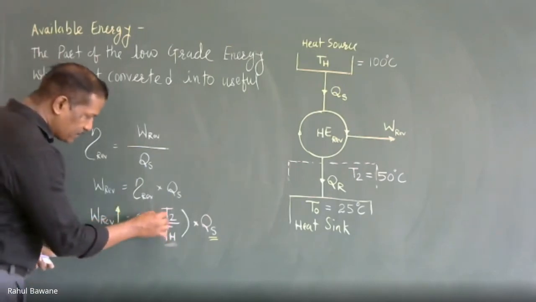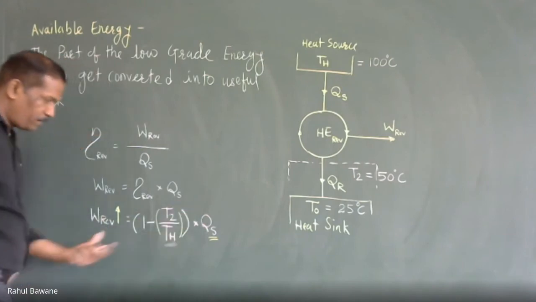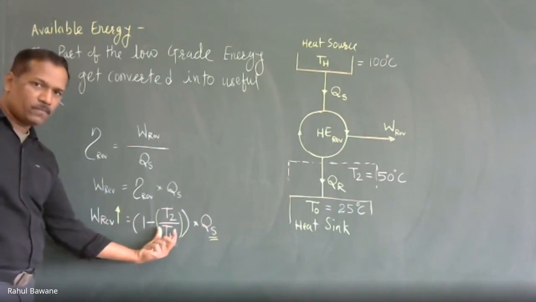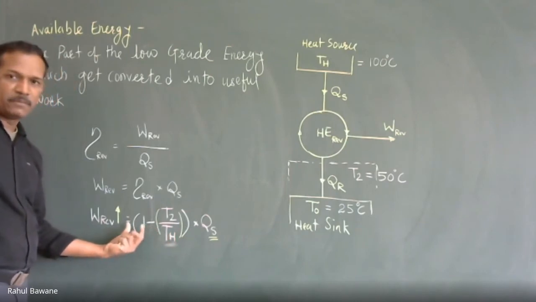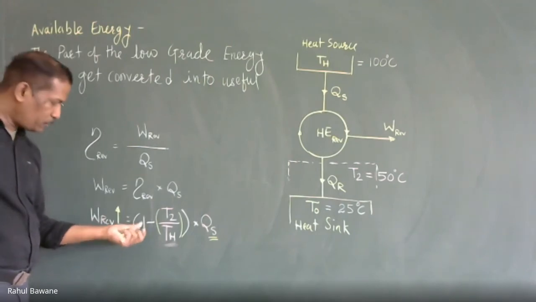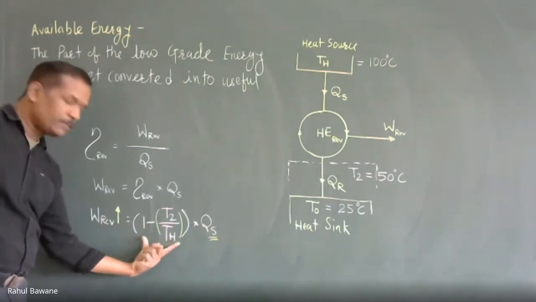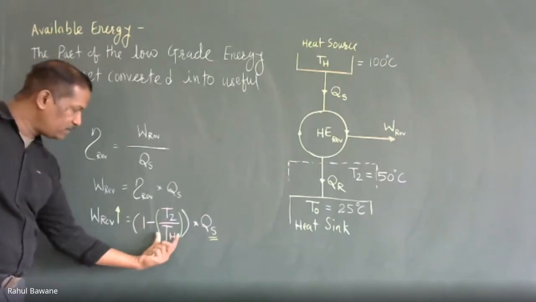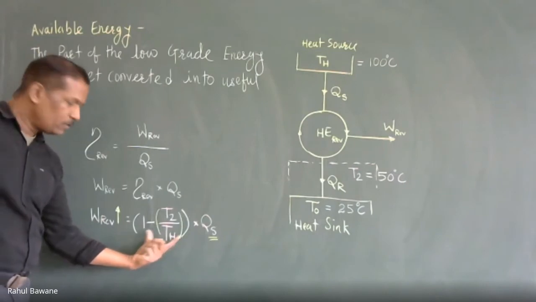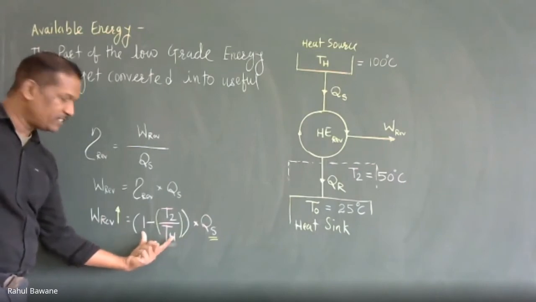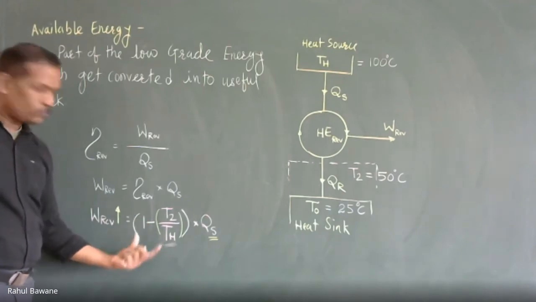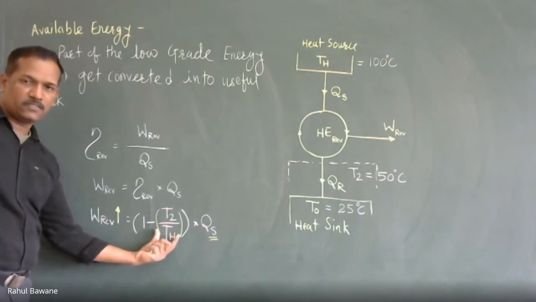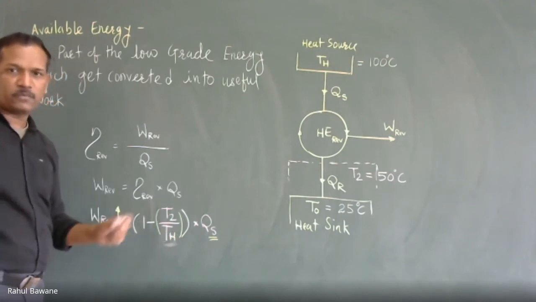Now 1 minus this T2 upon TH. If this is the minimum amount, it will be the maximum portion. So suppose T2 upon TH becomes 0.2, then the total bracket value is 0.8. If T2 upon TH is 0.6, then the total bracket value is 1 minus 0.6, that is 0.4. So I have to minimize this fraction. T2 upon TH should be as small as possible.